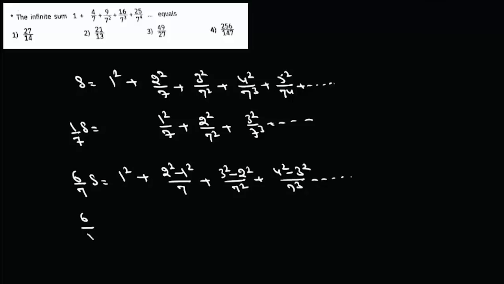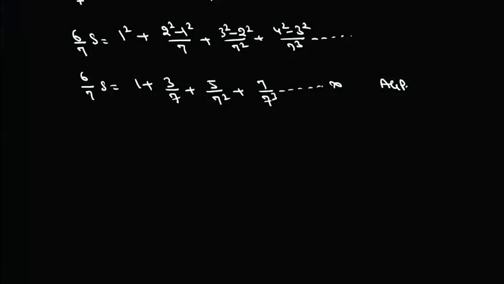So it is 6 by 7 S and this is 1 plus 3 by 7 plus 5 by 7 square, 7 by 7 cube up to infinite, which is nothing but an AGP. Now again, we'll use the standard process. We'll multiply it with common ratio 1 by 7 and shift it by 1.